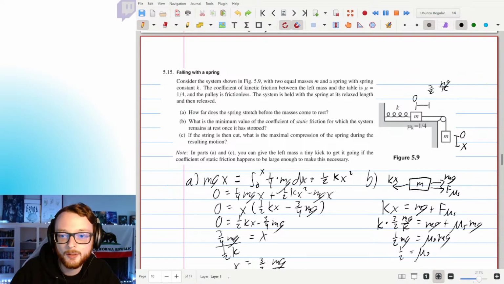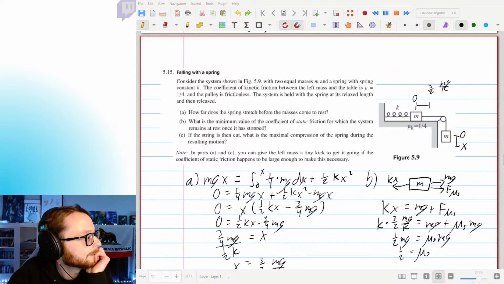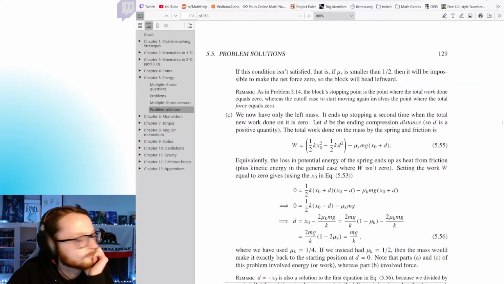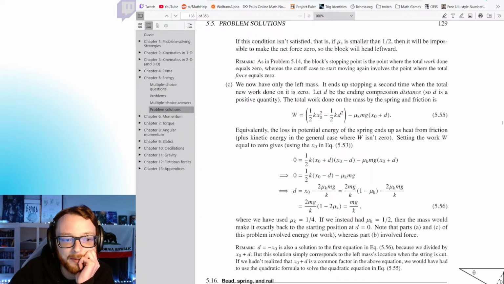And I think D is measured from the relaxed length to the compression as a positive number. I'm having a hard time being certain about that though. It must be. It's D.